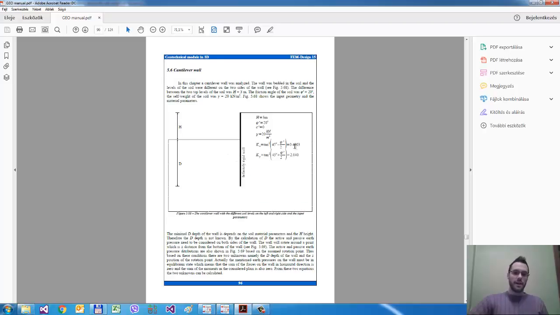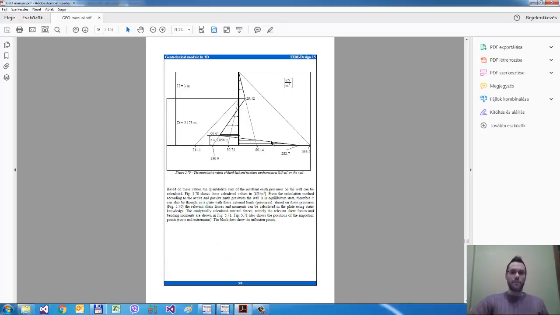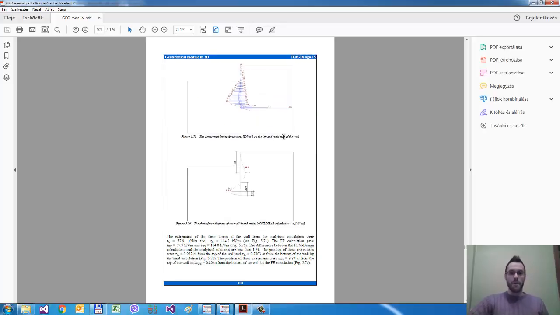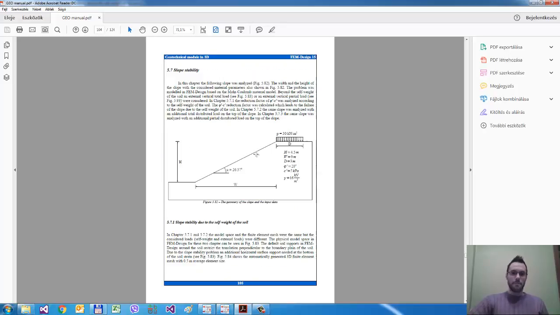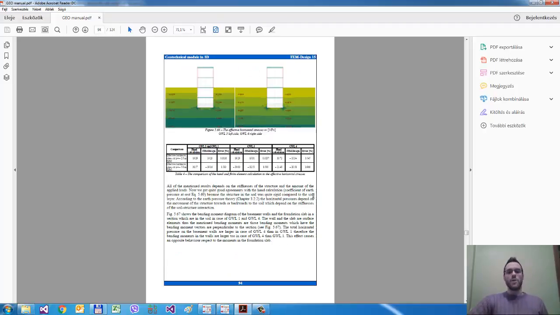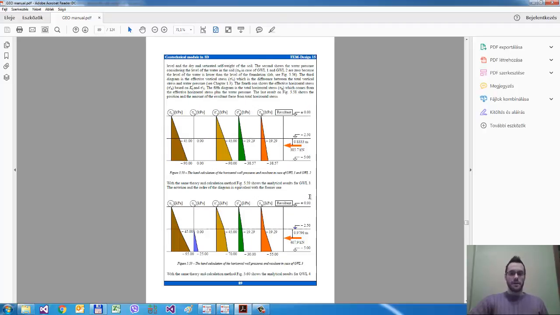So I made the analytical solution to calculate the bending moment distribution of the mentioned cantilever wall, and also calculated the bending moment diagram and the shear force diagram. We also checked slope stability problems, so you can find here analytical solutions and other solutions which were compared to the FEM-Design calculations.